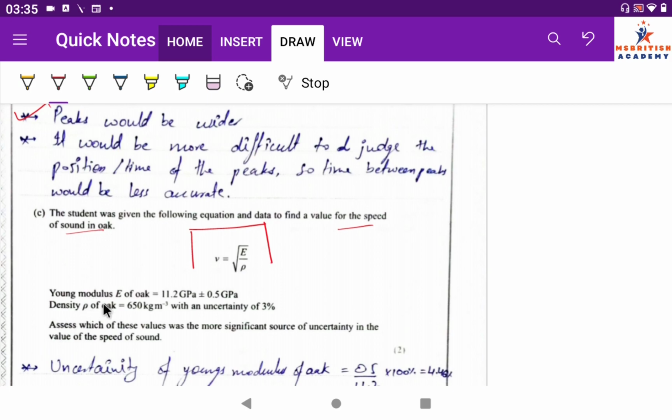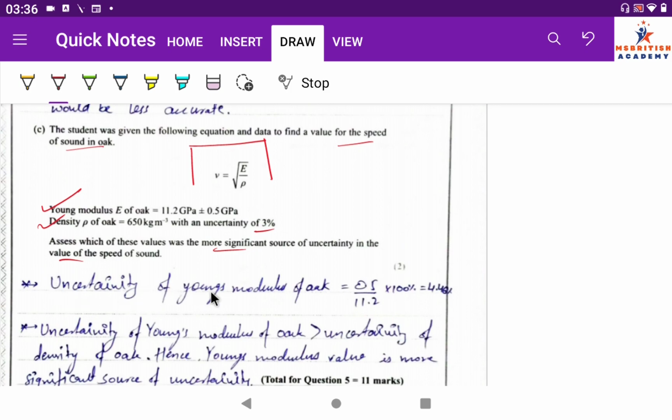The density rho of oak is 650 kilograms per meter cubed with an uncertainty of 3%. Assess which of these values was the more significant source of uncertainty in the value of the speed of sound. So which one, the Young modulus or the density?